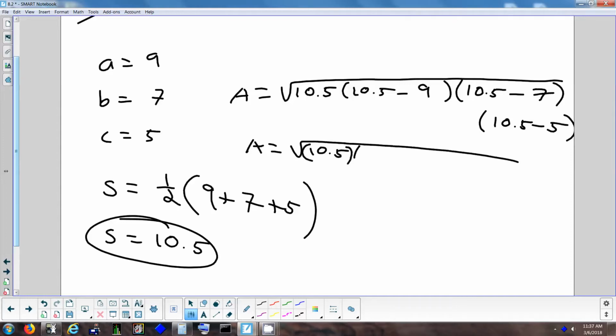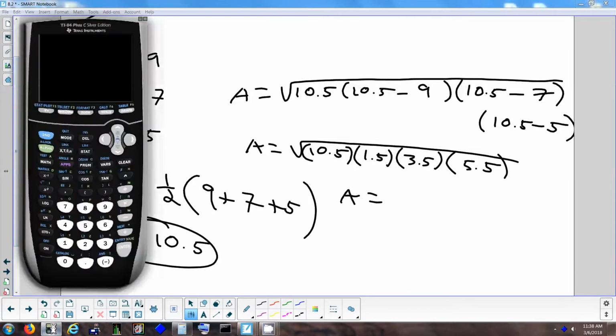So I've got 10.5 times, what's 10.5 minus 9? 1.5. 10.5 minus 7. 3.5. 10.5 minus 5. 5.5. Now type that in.